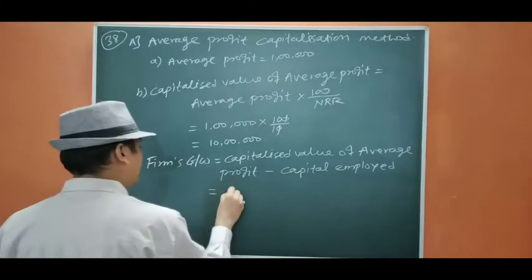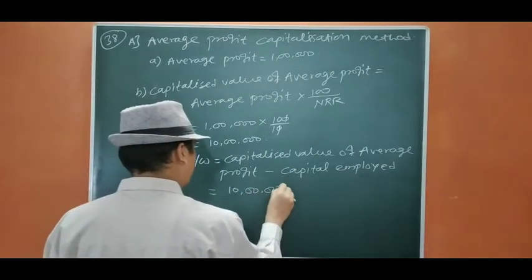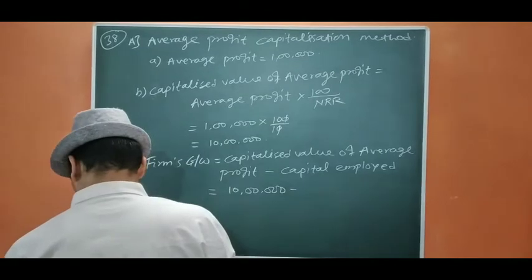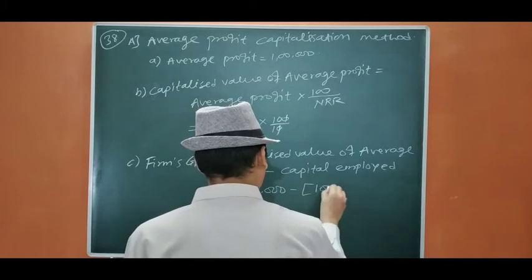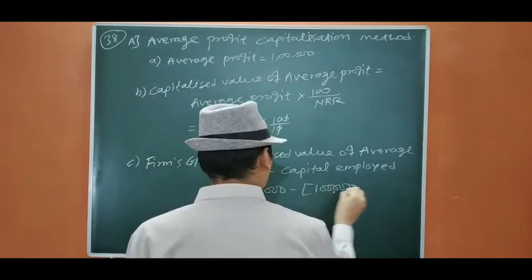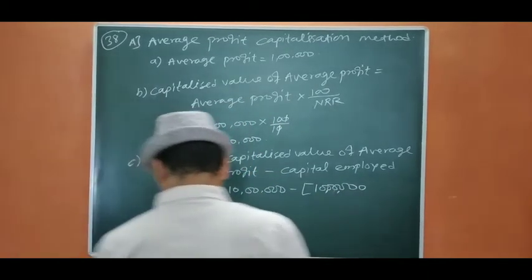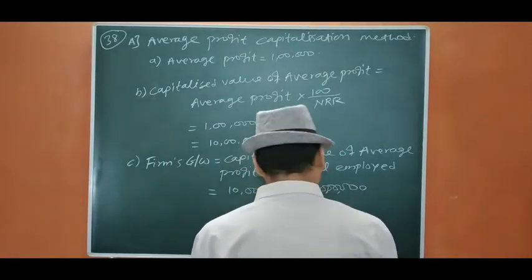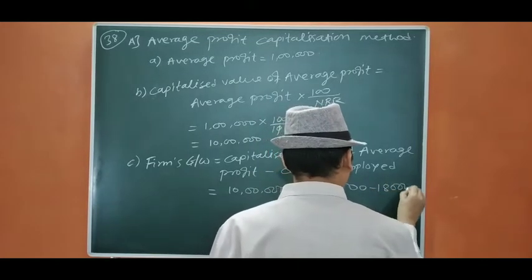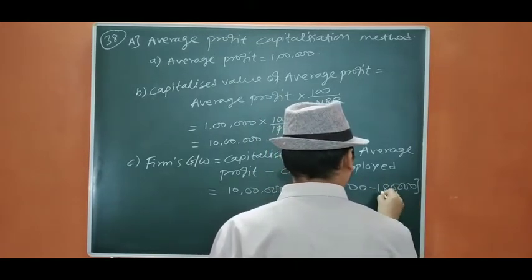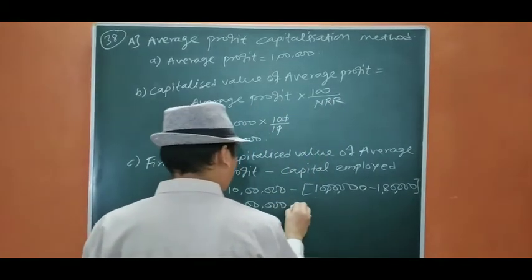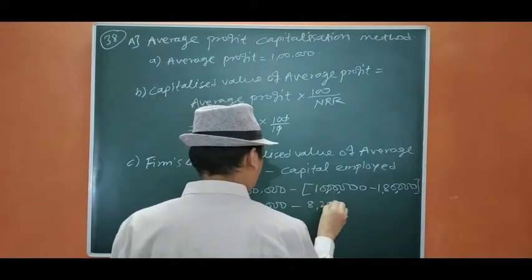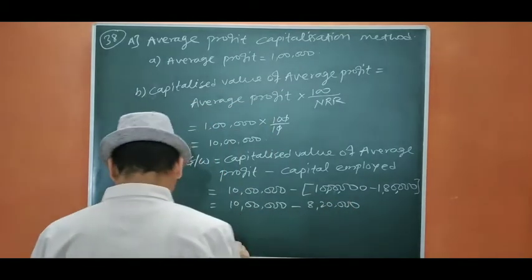So it will be 10 lakh minus assets minus liability. Assets are given 10 lakh and external liability is given only 80,000. Okay, so that will be 10 lakh minus 8 lakh 20,000. So that will be 2 lakh 80,000.